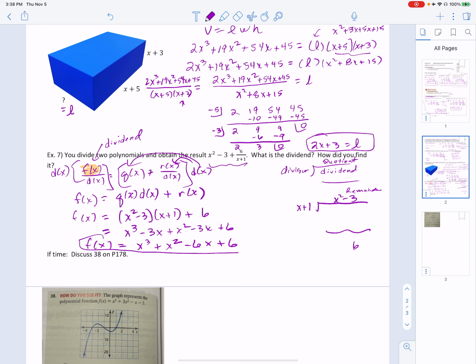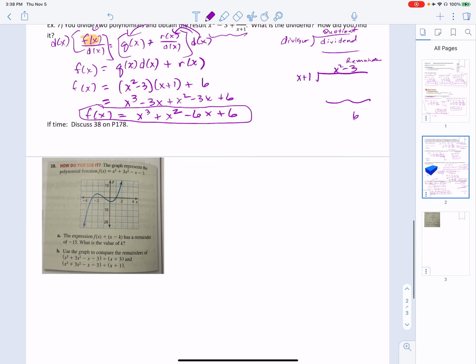And that was the dividend. So you multiply the quotient times the divisor and add the remainder. And I think I've got that okay. x cubed, squared minus 3x. Yep, okay. Just wanted to double check.